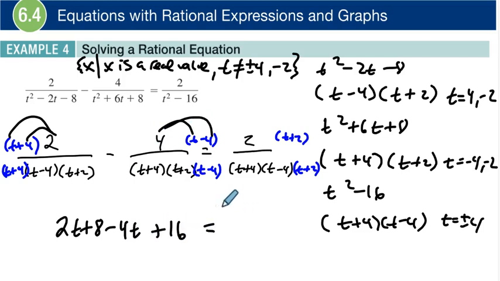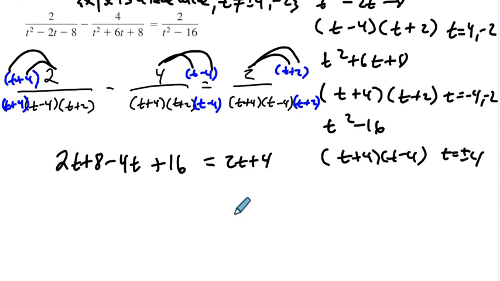And that's equal to 2t plus 4. All right, great. So combining like terms here, 2t minus 4t gives us a negative 2t, plus 8 and 16, 24, and I get 2t plus 4.